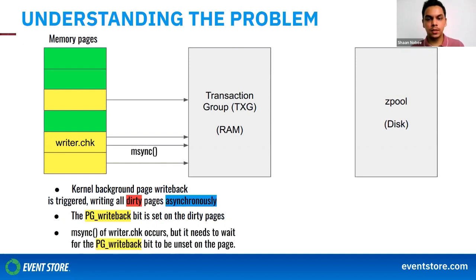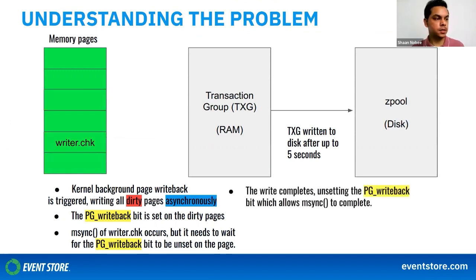But the way the ZFS code was previously designed, msync needed to wait for the PG_writeback flag to be unset before it could complete. So basically, it's waiting for the async write that was initiated by the kernel to complete. And after up to 5 seconds, the write completes, since the transaction group is written to the disk. And this unsets the PG_writeback flag, which allows the msync call to complete.